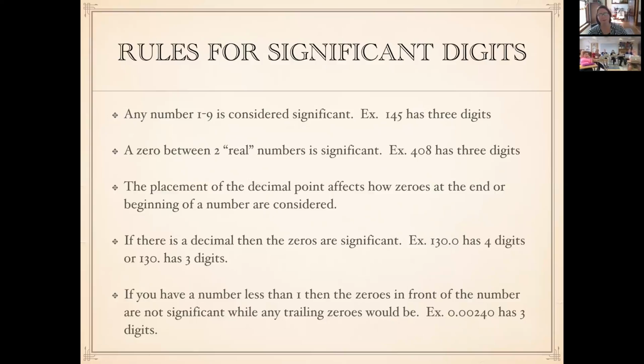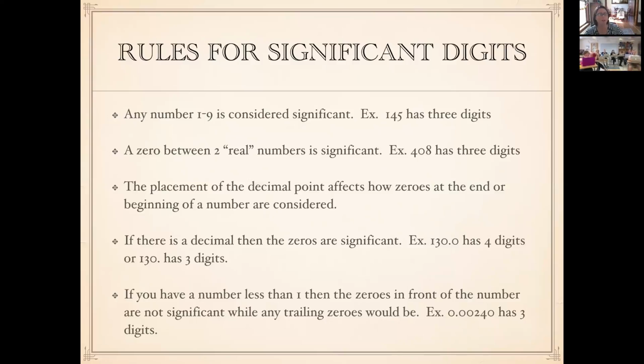If there is a decimal in your number, then the zeros are significant. So for example, the number 130.0 has 4 digits. 1, 3, 0, and then the 0 after the decimal point. That decimal point says, I am absolutely certain that my object is 130 meters long. And I am certain that it ends exactly on the line.